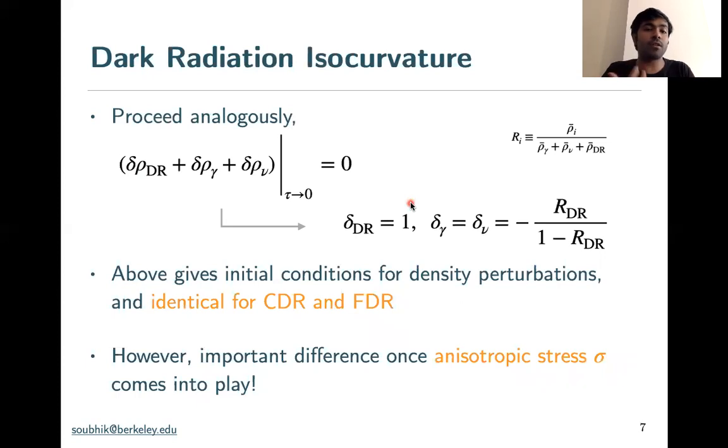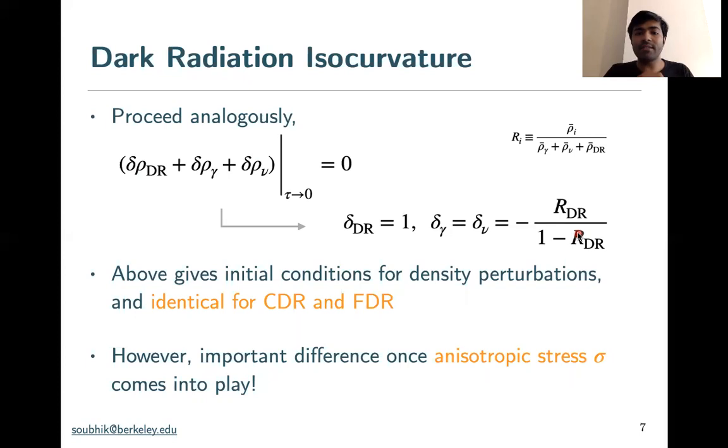So one can again work with the synchronous gauge and demand that the total delta rho is equal to 0 at very early time, so that you don't have any curvature perturbation at all. But then we also do not want any neutrino isocurvature, because our focus is to study dark radiation isocurvature. So for that purpose, we set delta gamma equal to delta nu. And once you specify all of this, if you choose a normalization of delta dr equal to 1, the other density perturbations are uniquely determined.